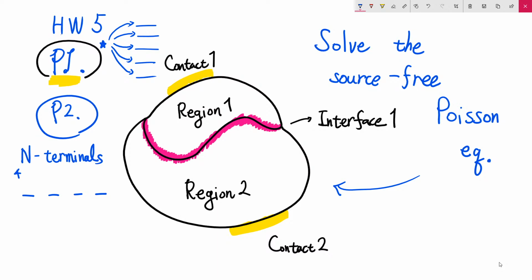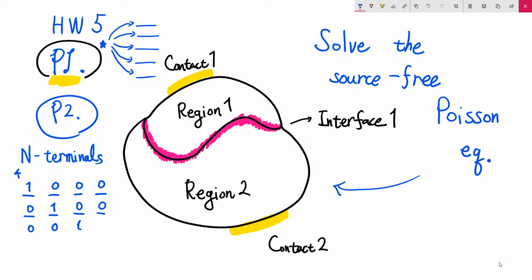In this case, apply 1 to your first terminal, set all others to 0, and solve the source-free Poisson equation. Also solve 0, 1, 0, 0. You understand?